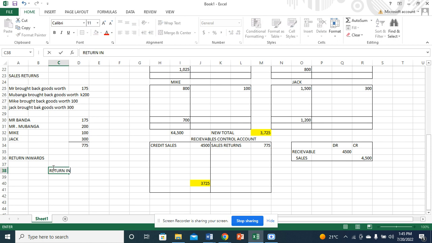Here's the journal entry for the return inwards, 775.